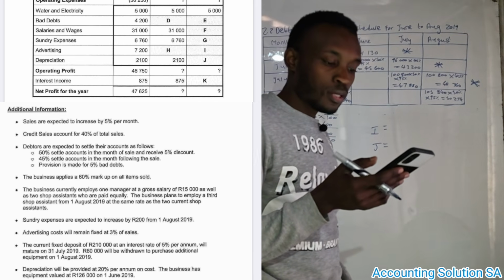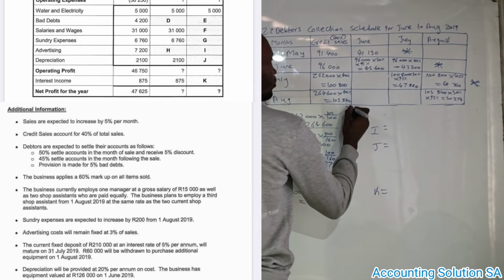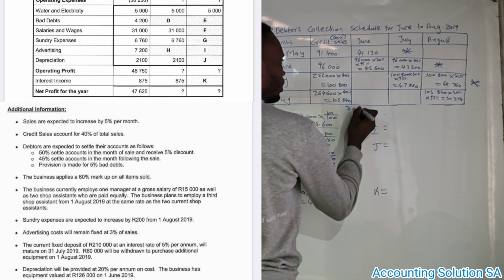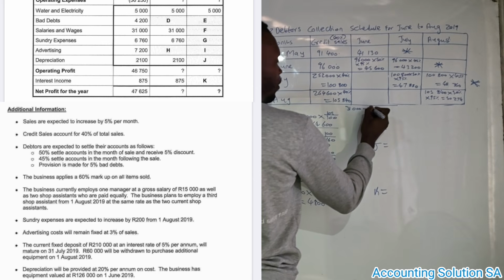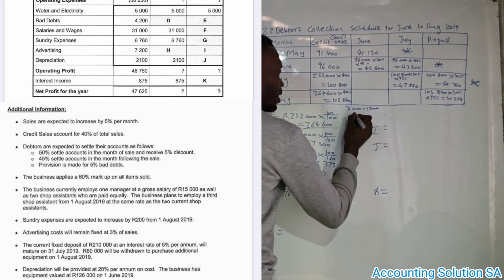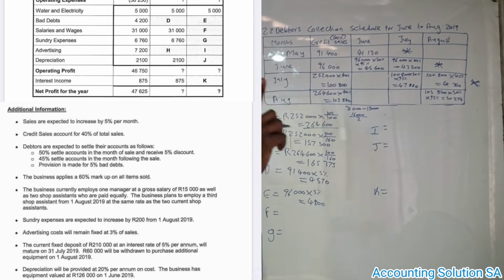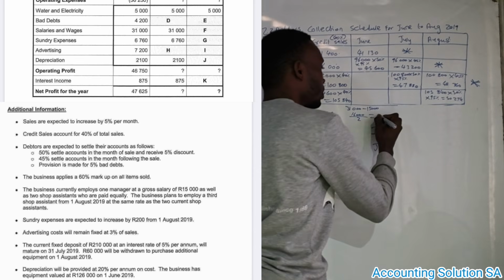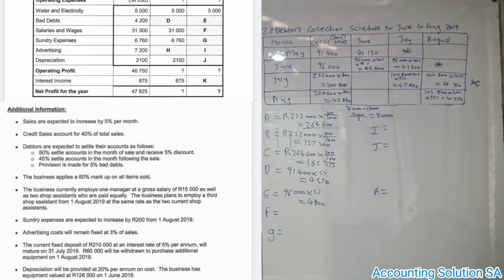So if you check salary, it was 31,000. So out of 31,000, if you remove the salary of the manager, those other 2 will remain with 16,000, which means that this 16,000, if you divide it by 2, you're going to get a salary for each. Each was earning 8,000.